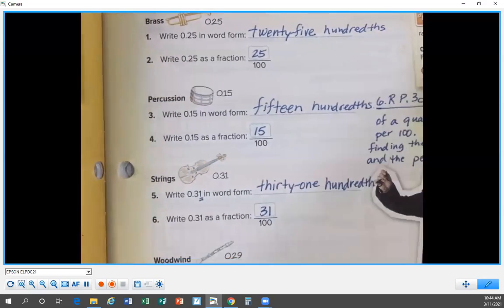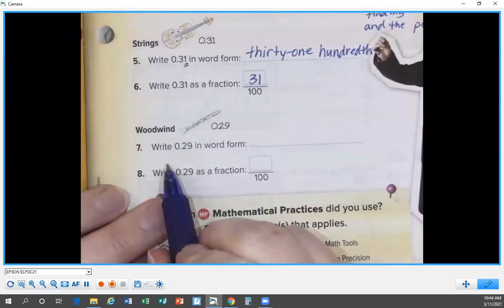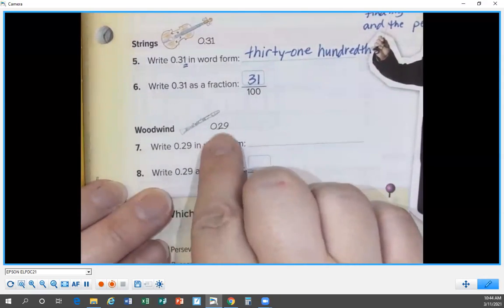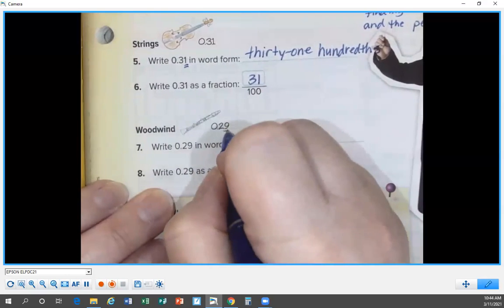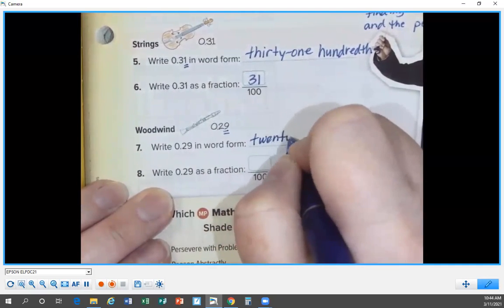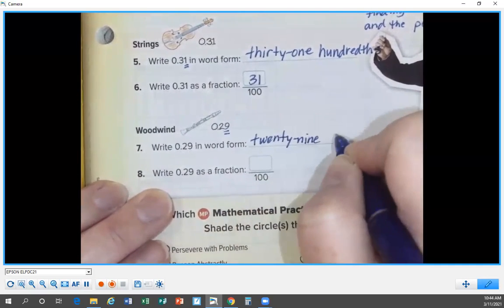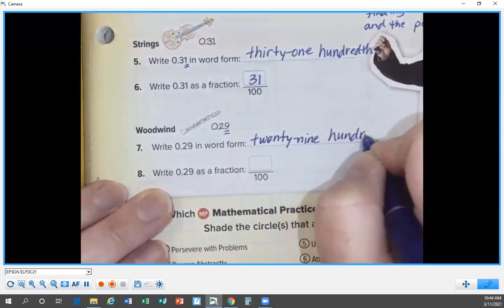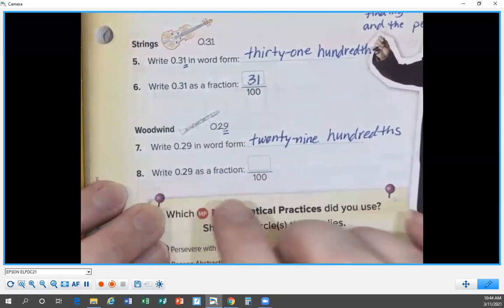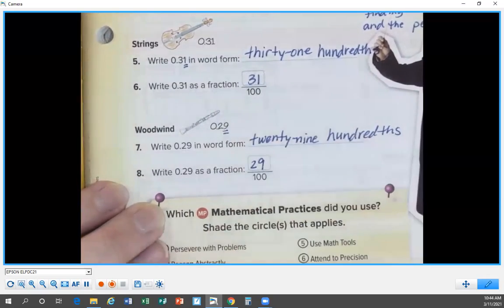Okay, moving on to woodwinds, 0.29. The correct way to read that is 29, and the 9 is in the hundredths place, so 29 hundredths. And to write that as a fraction, 29 over 100.